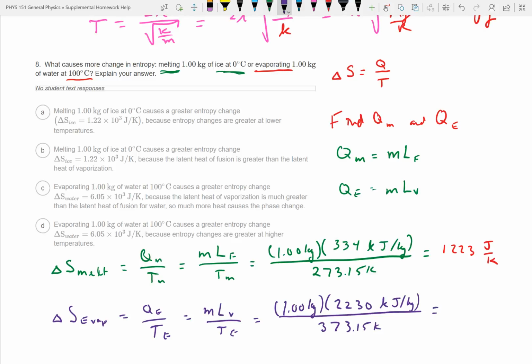Once again, we put that in our calculators. I think we can all see which one's bigger here. We have 5976.